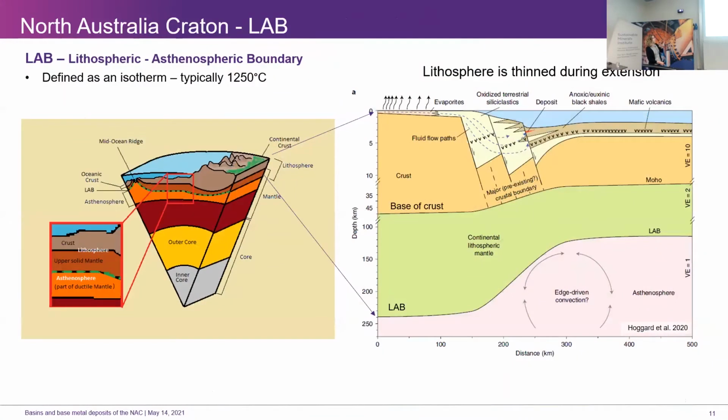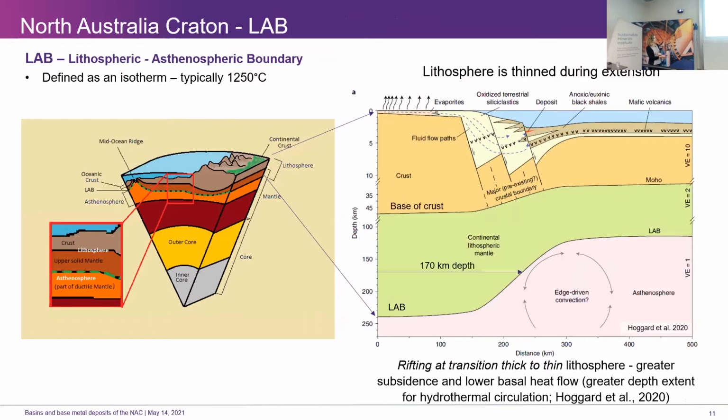So I remembered I better explain what the LAB is, the lithospheric asthenospheric boundary, because there's been some interesting work, a paper on it recently. So we're really looking at, everybody's familiar with Moho and the base of the crust. We're looking at that upper mantle layer, continental lithospheric mantle, and there's some variations in thickness that has recently been noted, a correlation with especially the large and giant lead zinc deposits and other deposit types as well.